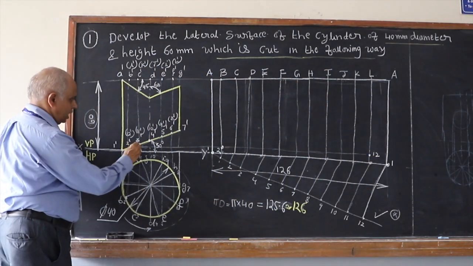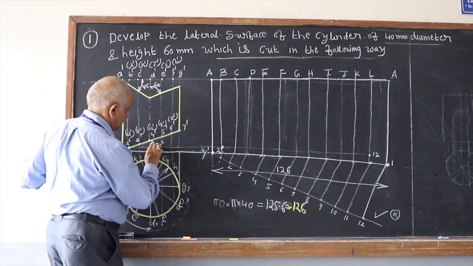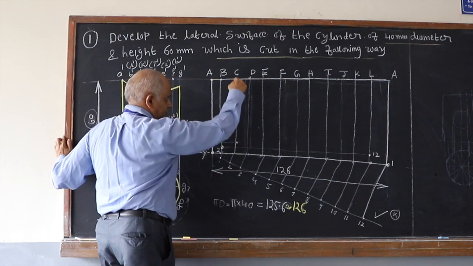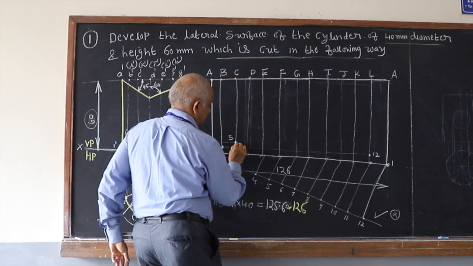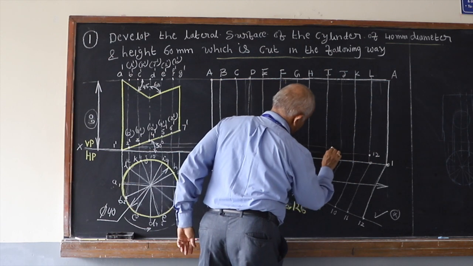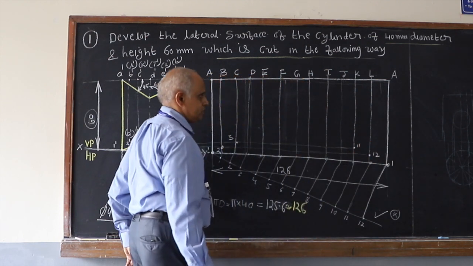Then 3 and 11 are on C and K. So project 3 directly here onto C. So this is 3, and onto the other generator at the back, which you can just make as 11, which is on K generator.